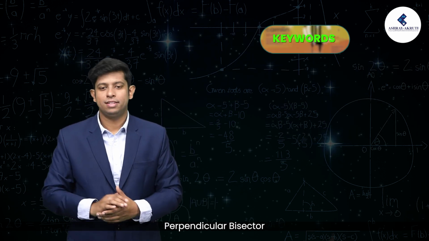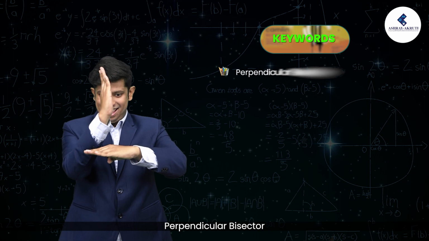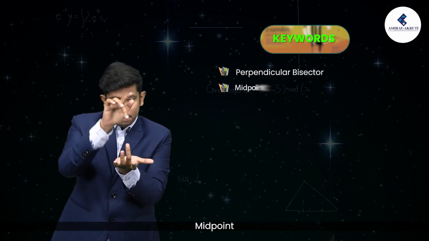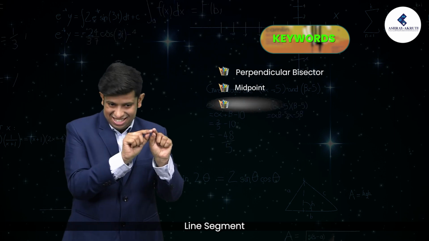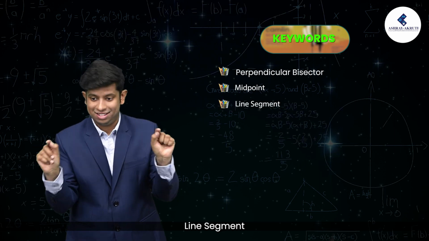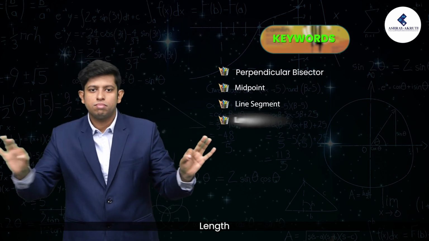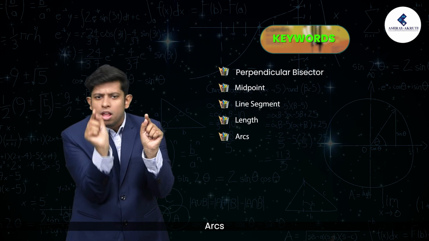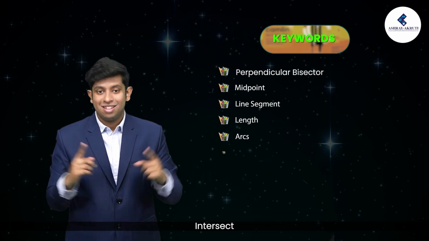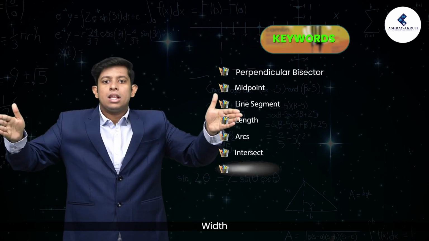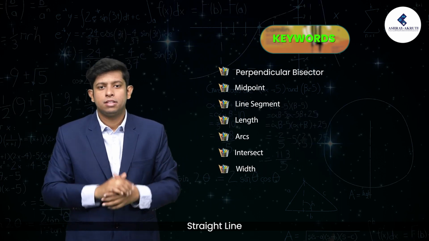Keywords from this lesson are perpendicular bisector, midpoint, line segment, length, arcs, intersect, width, straight line.